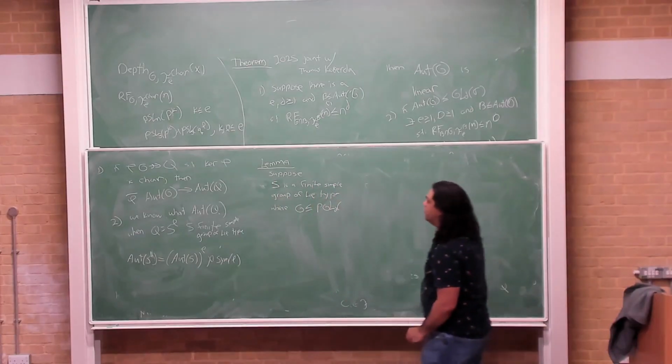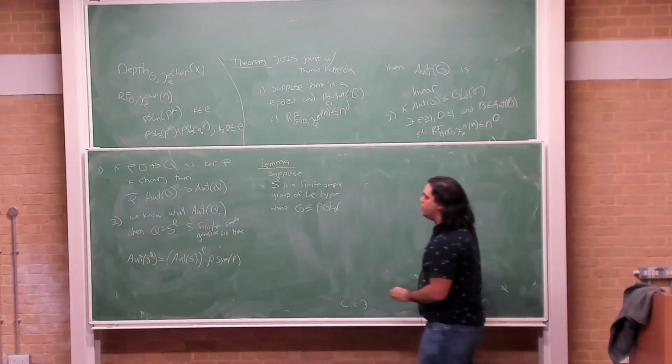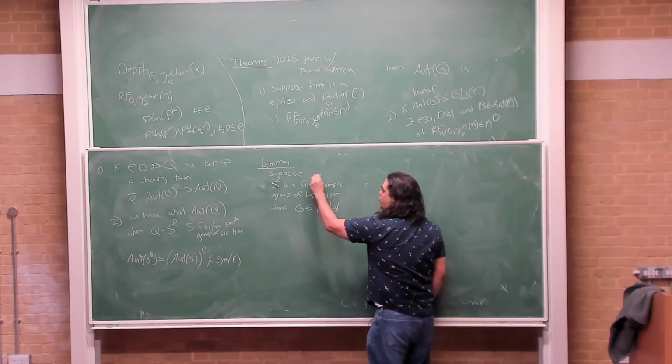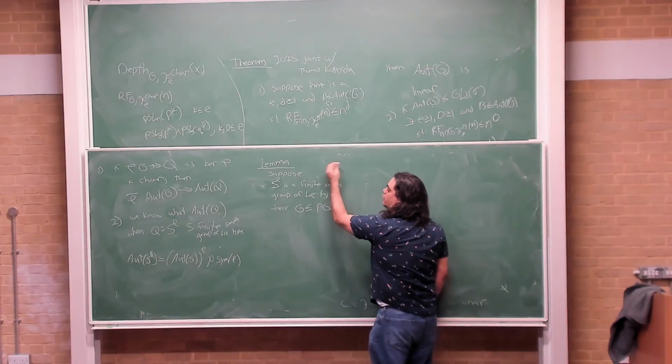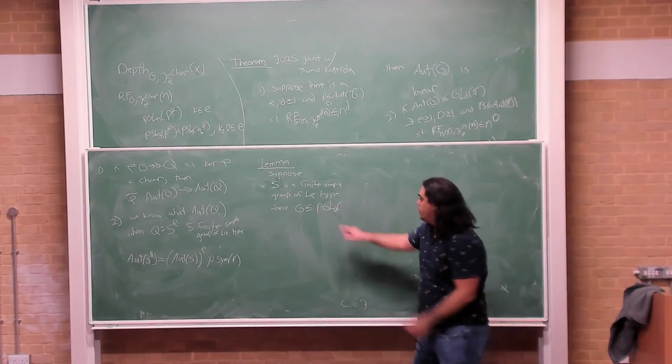Okay, suppose S^L is a product of finite simple groups of Lie type. Okay, where we have this.